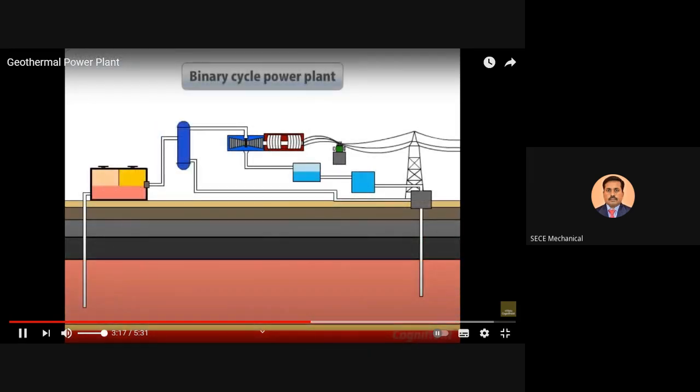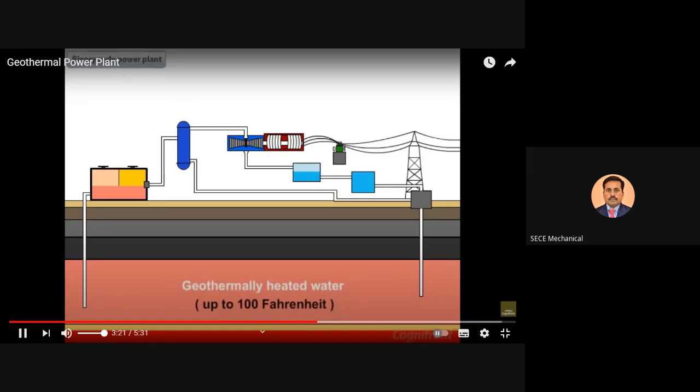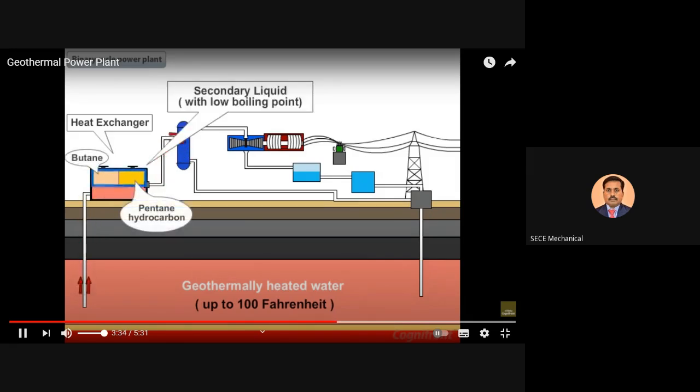Last is the binary cycle power plant. This is used when the geothermal resource is at a lower temperature, up to 100 Fahrenheit. Here, the hot water is passed to a heat exchanger, which is combined with a secondary liquid with a lower boiling point, such as butane and pentane hydrocarbon.